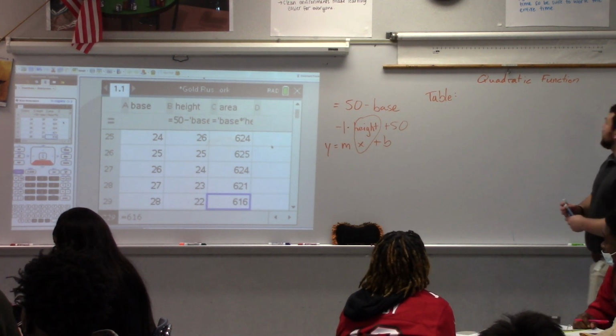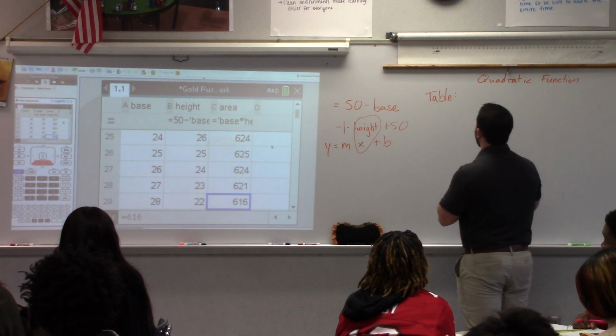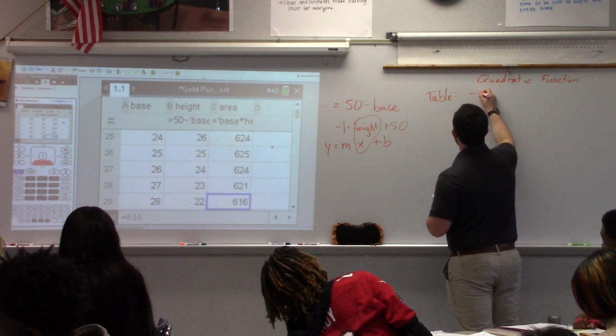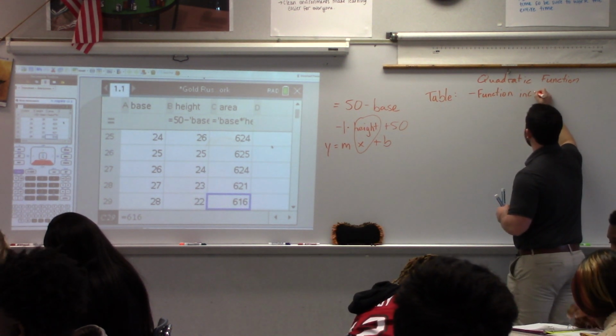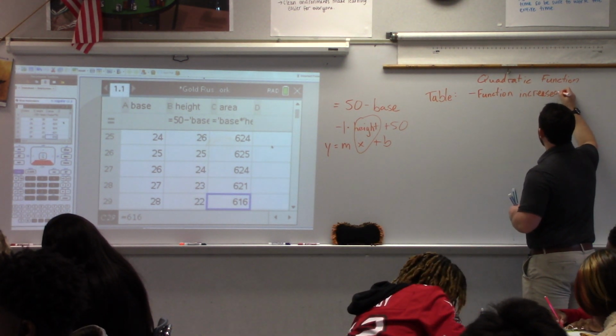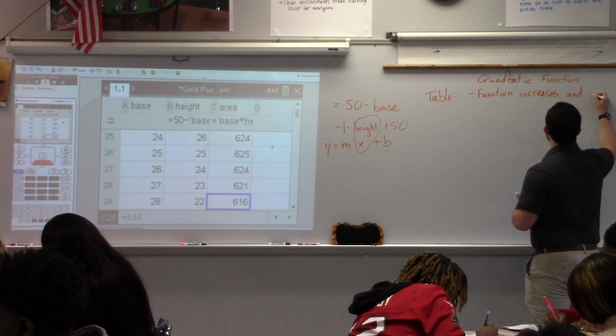No. So in a quadratic function, in a table, we can see that the function increases and decreases.